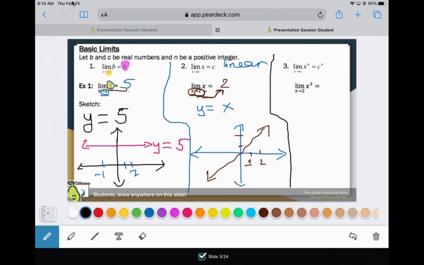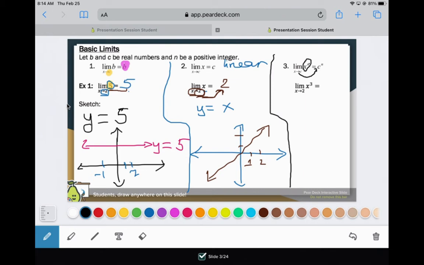All right, so let's look at the next example, which is x to the third power. We're going to sketch this graph. If you look at this function, it is x to some power. The property is that c, which is the x value, is raised to that power.